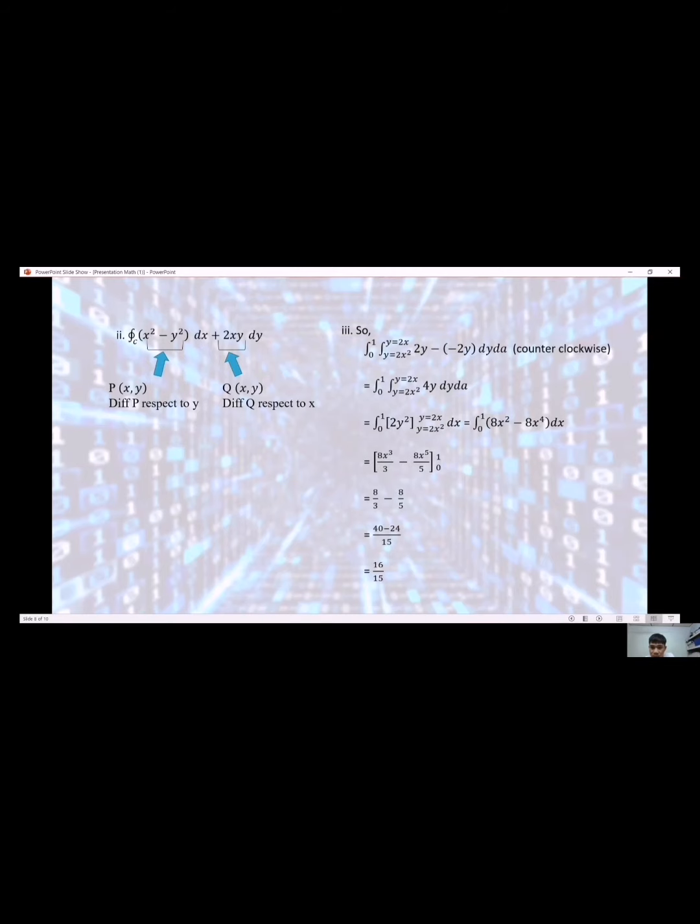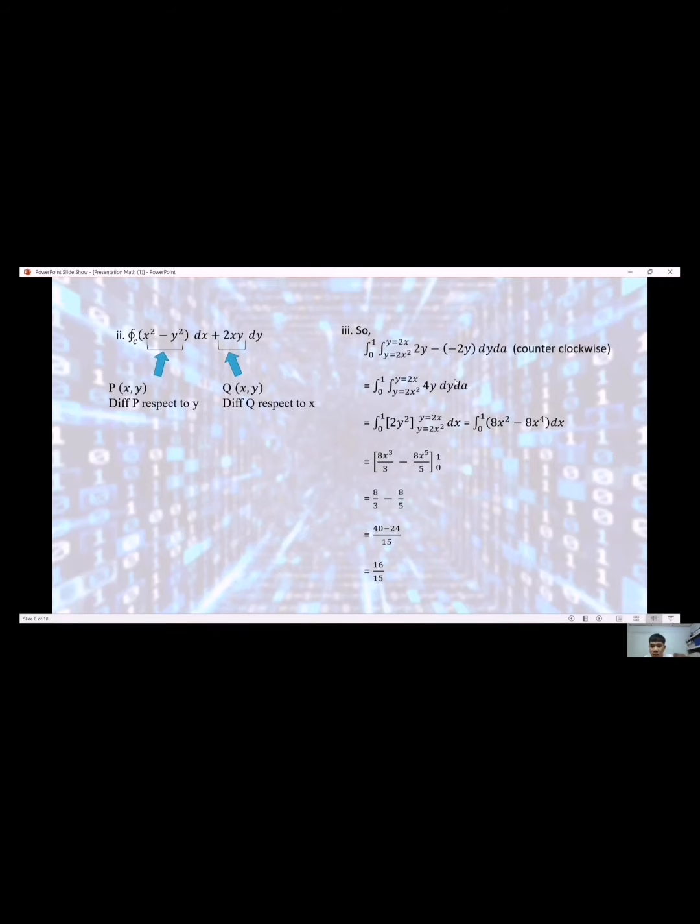Next, still the same, integration from 0 to 1, integration from 2x squared to 2x, here is y. So 2y plus 2y becomes 4y dy dA.